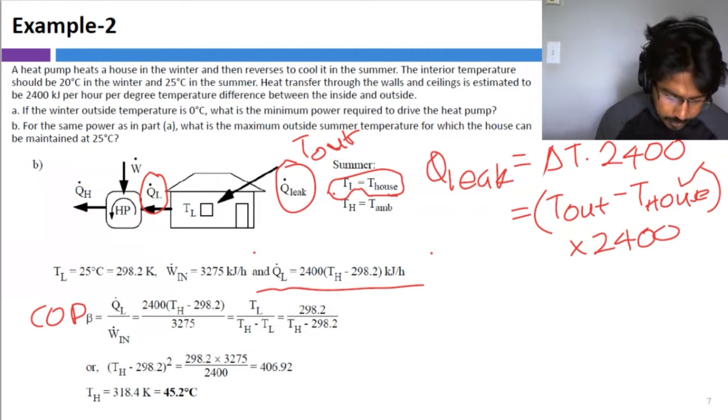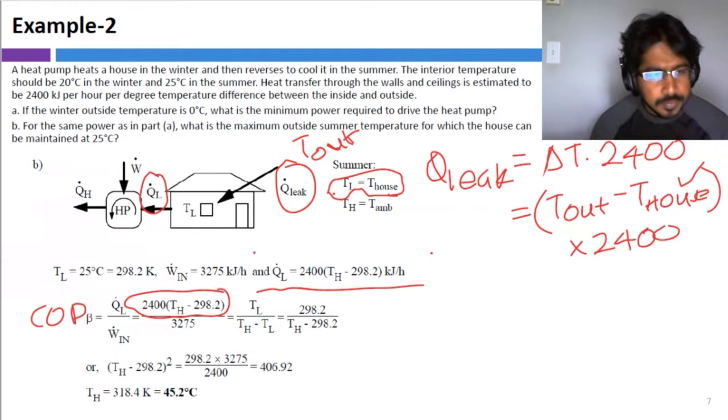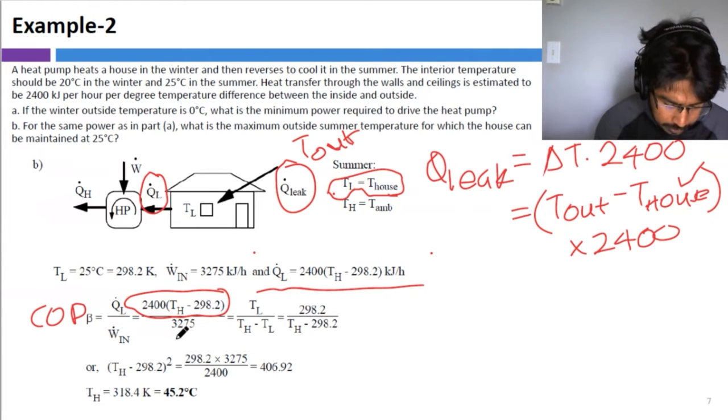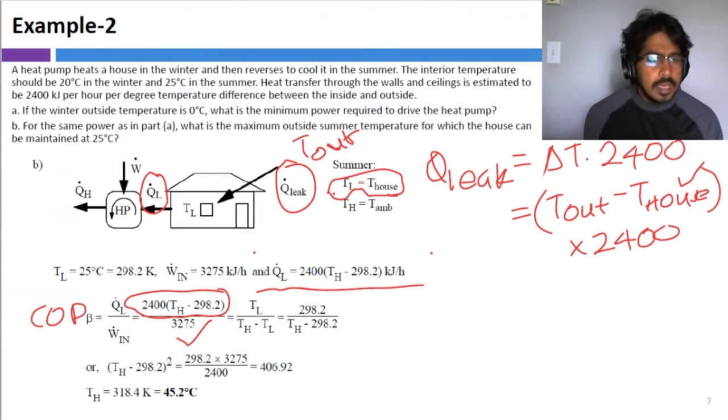So QL, we have an expression already, this one, and then work input is same as in the previous question. So this is going to be our work input. So this equation is very straightforward.